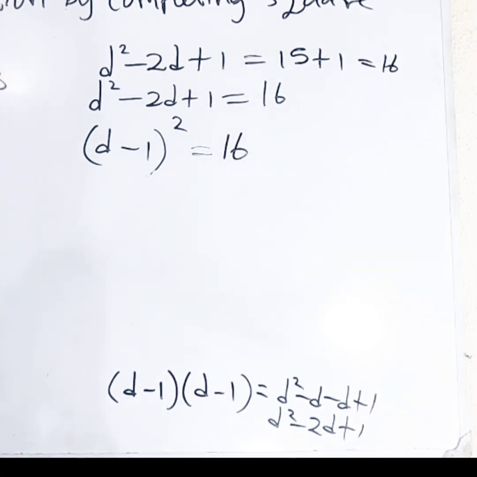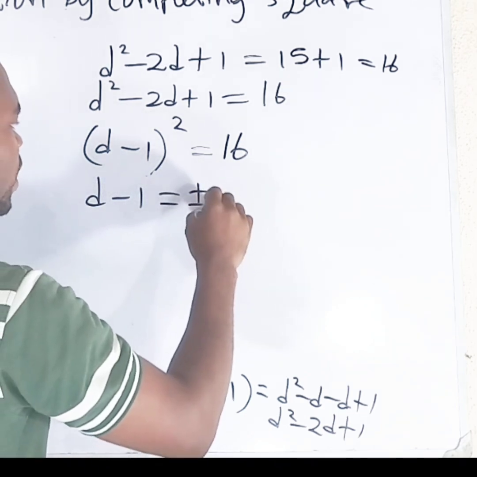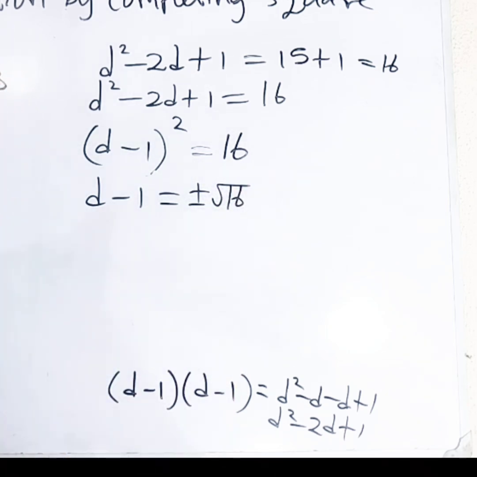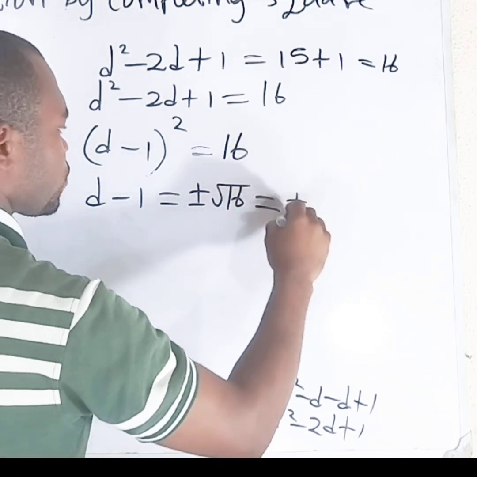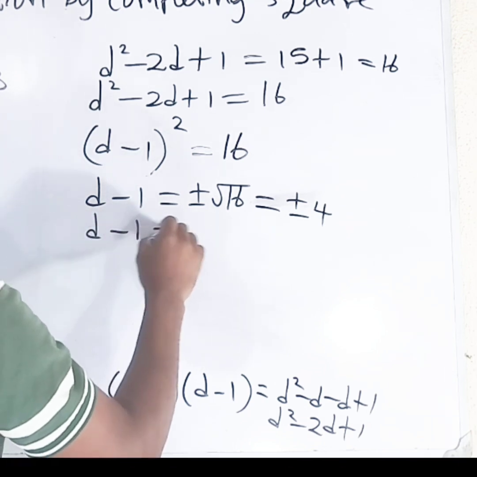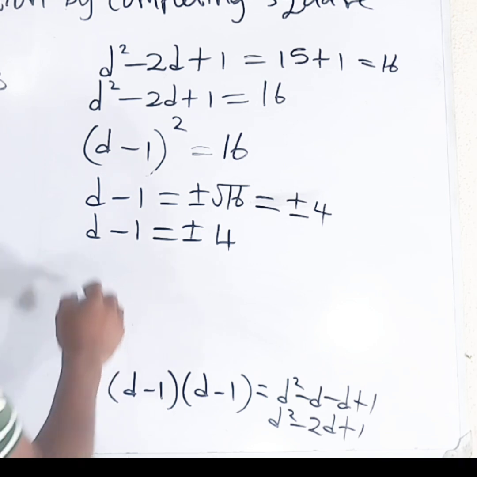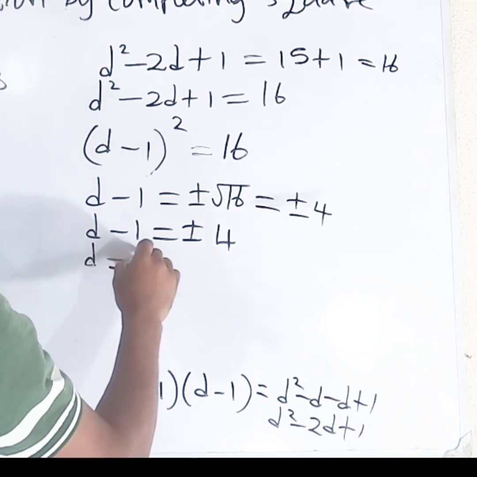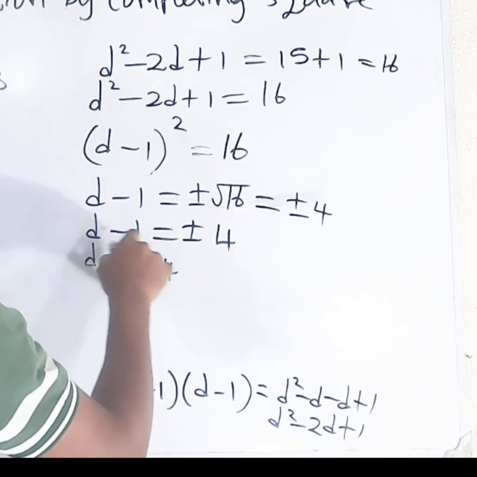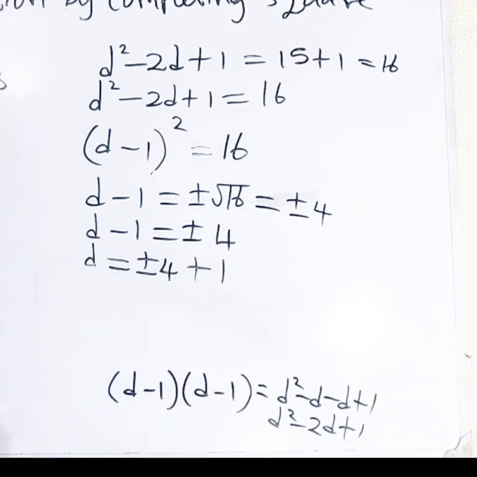Then the next thing we're going to do is to find the square root of both sides, and that will give us d minus 1 is equal to plus or minus square root of 16. So we have plus or minus 4. Then finally, our d is equal to plus or minus 4, and the minus 1 will come this side, it will be plus 1. You know, we have two answers for a quadratic equation.